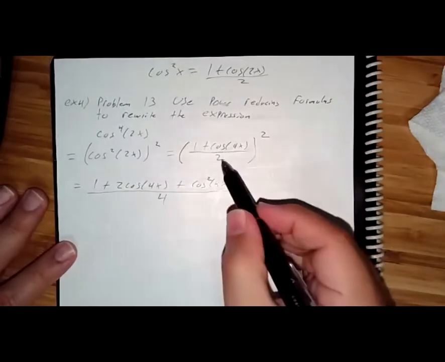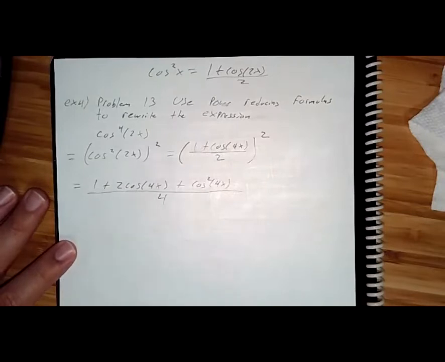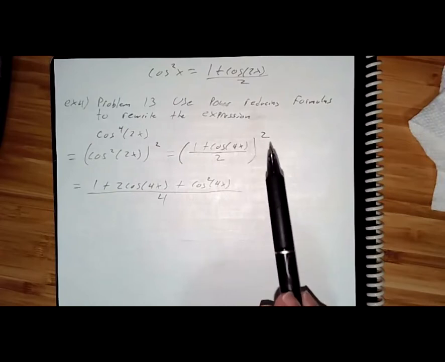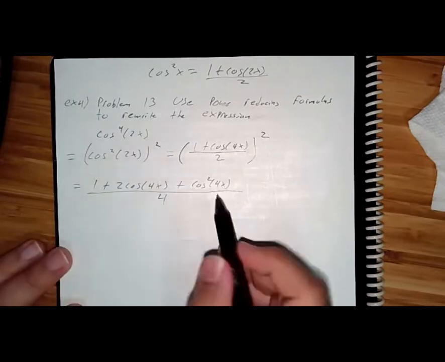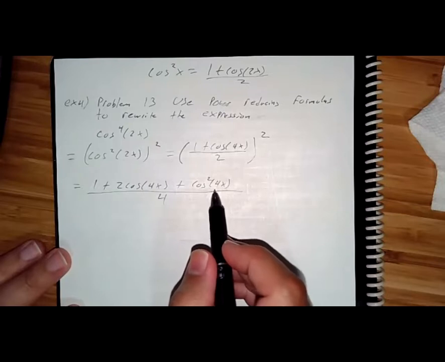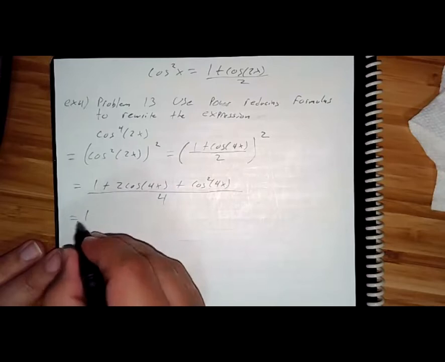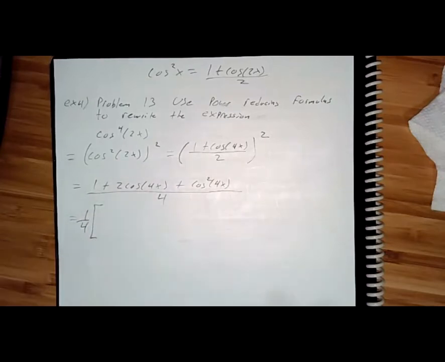You square the bottom, you get a 4. You square the top, you get these 3 terms. Just doing your distribution or FOIL or whatever you want to call it, you just multiply it twice. So notice how I have another square, right? So the 4th is kind of confusing, so I'm going to ignore it, and I'm going to pull it out in front as a 1/4.